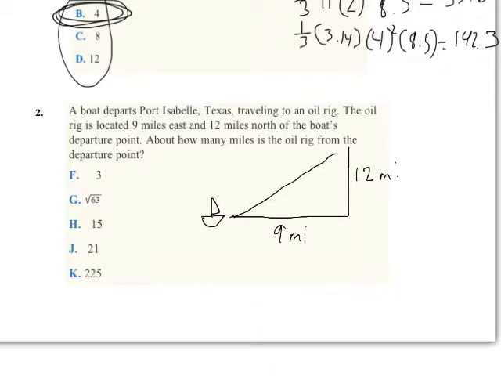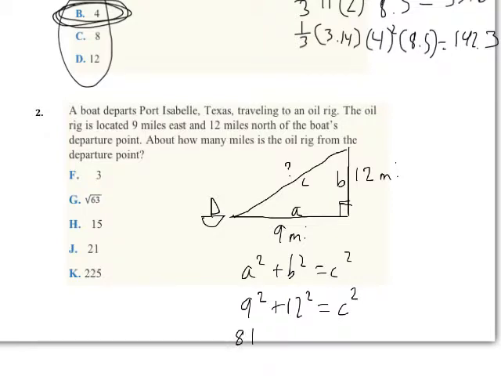To me, that is a straight line distance straight across there, and that is a right triangle because of the north and the east. So that is probably best done with the Pythagorean theorem. So a squared plus b squared equals c squared is what we're up to. This would be my a, this would be my b, and that's my c. So basically we are going to do 9 squared plus 12 squared equals c squared.